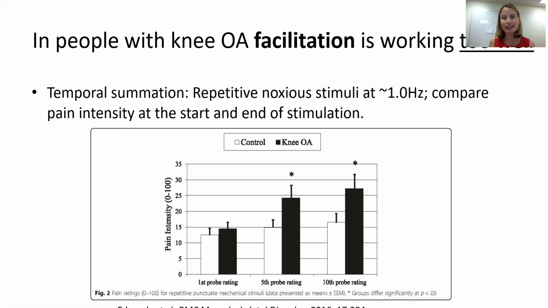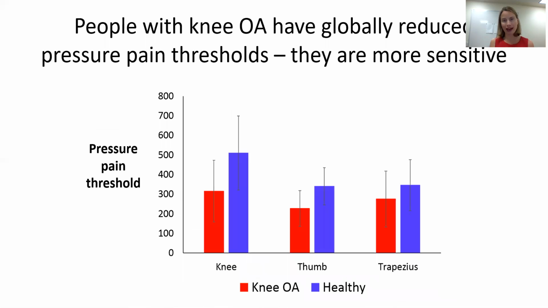And what this suggests is actually that facilitation is working too well. The gas pedal, the accelerator, is working too well. And indeed, if we look at pressure pain thresholds around the body, people with painful knee osteoarthritis are generally more sensitive. If we measure pressure pain thresholds at the painful knee, they have lower thresholds.